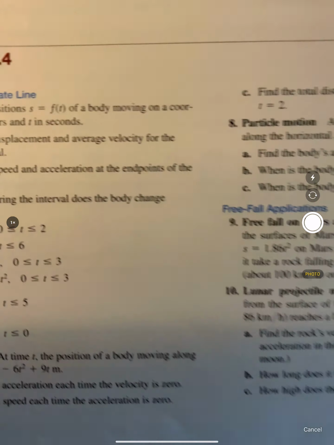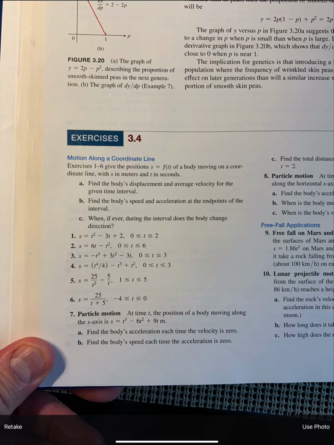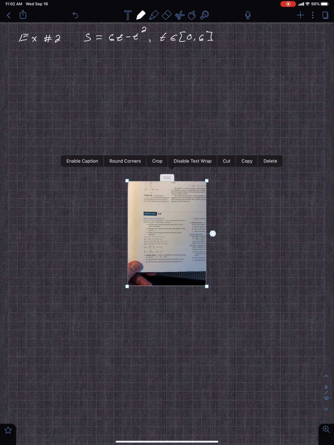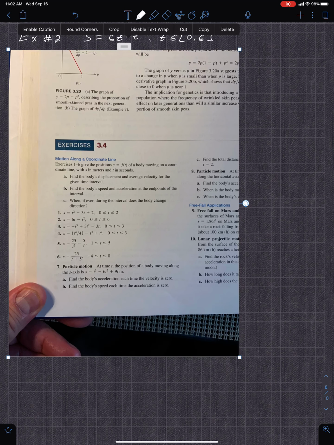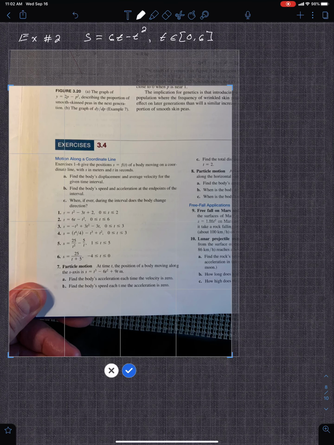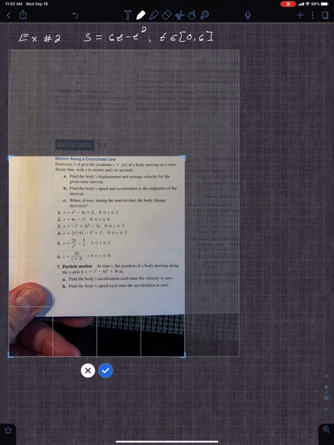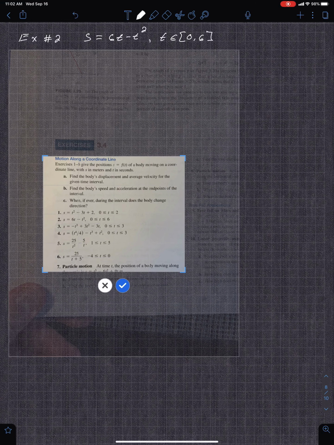Try that again. So that's the question, which will allow us to go through this. We'll use the video. It's a little crooked, but we'll figure it out. Then I go in and crop it. Like this. We can put a few up there.